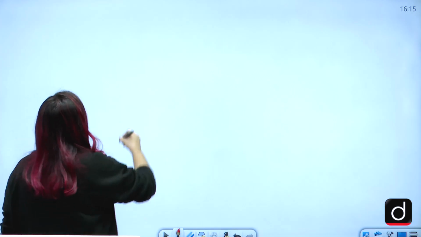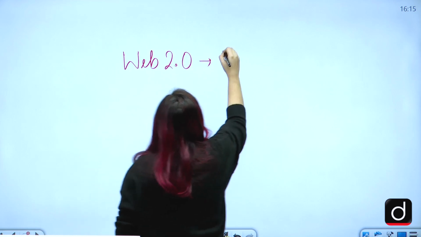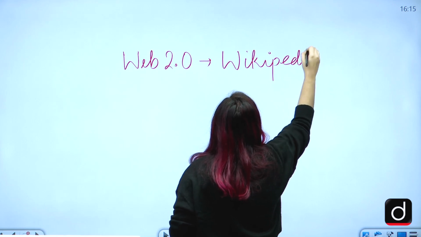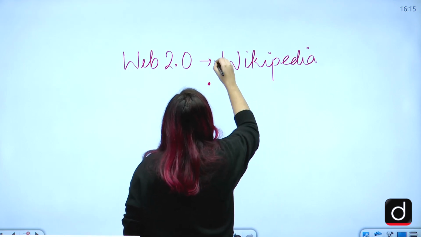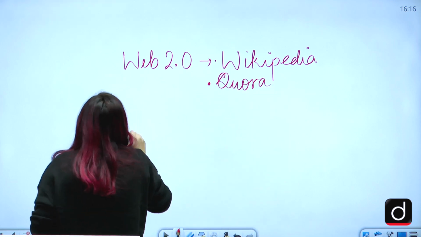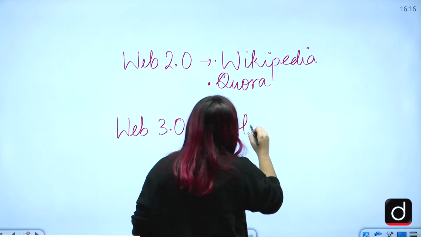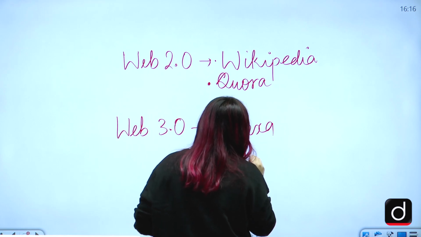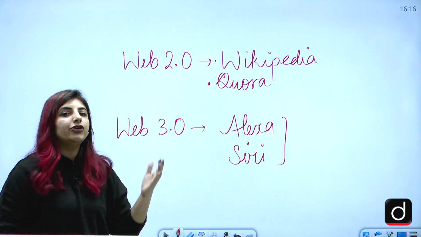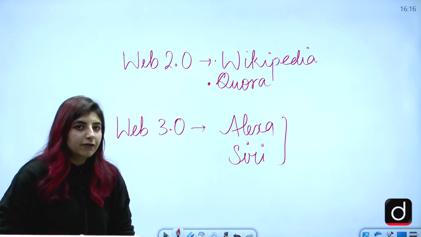So one more thing that I would like to give you as examples for Web 2.0, I gave you the example of Wikipedia, correct? We can also take example of Quora for that matter, because people share their opinions, etc. In Web 3.0, we can take example of Alexa and Siri, because the human and the machine gap is being reduced using Web 3.0 and openness is being there using the technological front, correct?